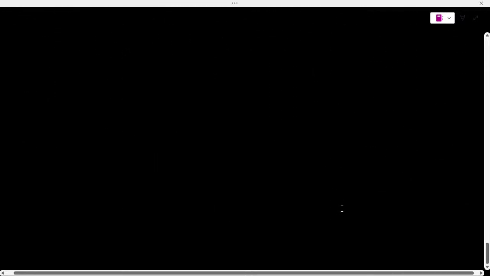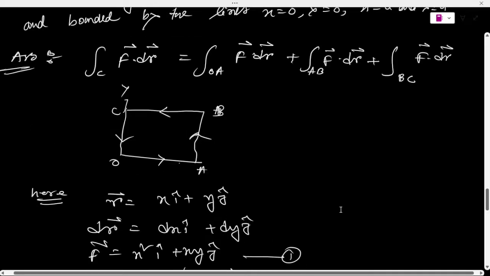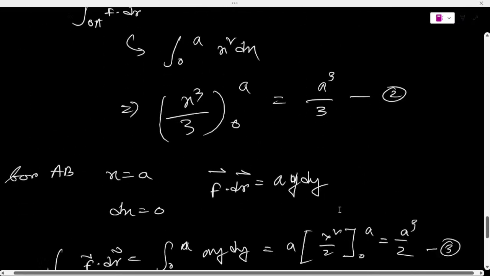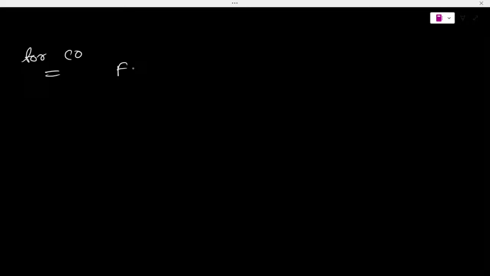Okay, and after that, for CO, f dot dr is equal to 0. So the integration of CO f dot dr is equal to 0.